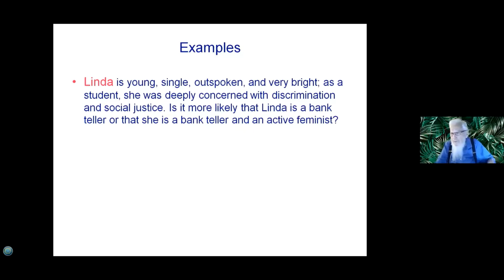A lot of people were asked this, maybe 500 or something, I don't remember. 72% of the respondents said that it is more likely that she is a bank teller and an active feminist. Well, obviously, these people are irrational, right? Because you don't need all this stuff about young, single, outspoken, very bright, deeply concerned with discrimination and social justice.